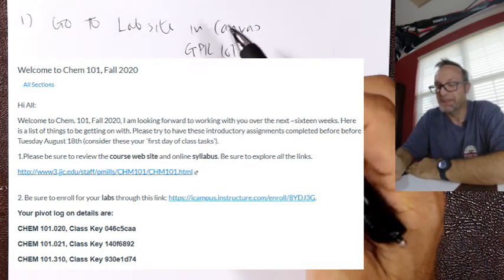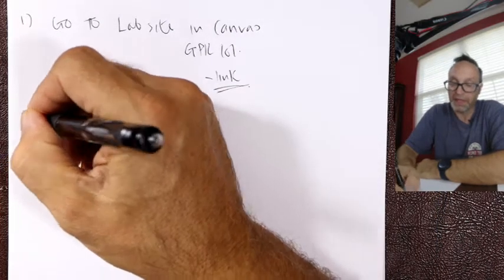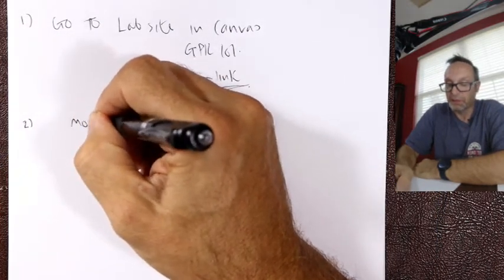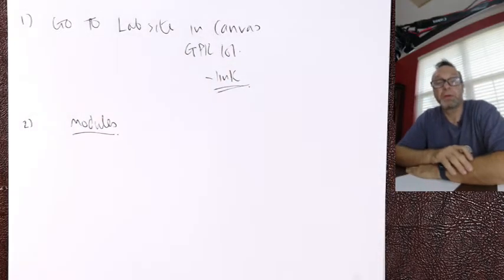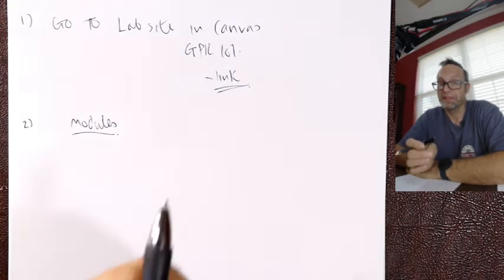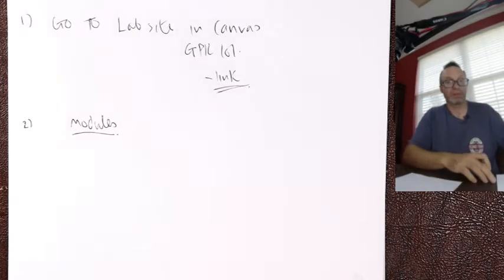So go to the GRP 101 link, take a look, and then when you're there, go to modules, and what you have to do is sign up for the Pivot Interactive Learning. Now the Pivot site is different than the Canvas site. At the Canvas site you get your actual labs, which I'll go through in a minute.